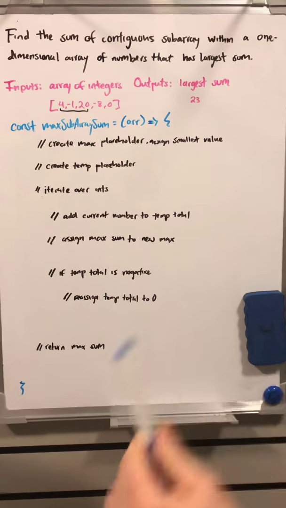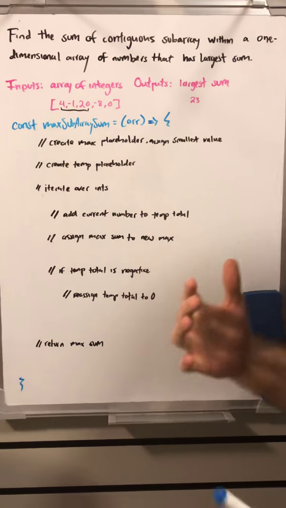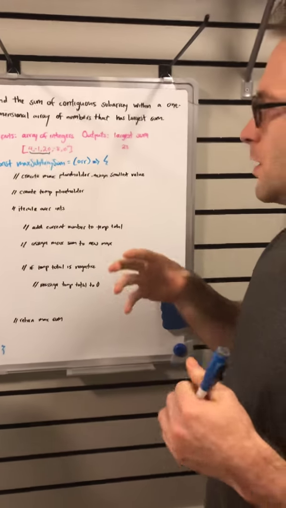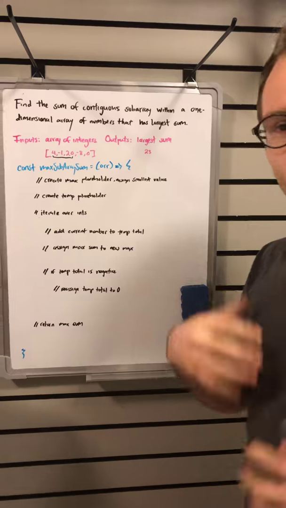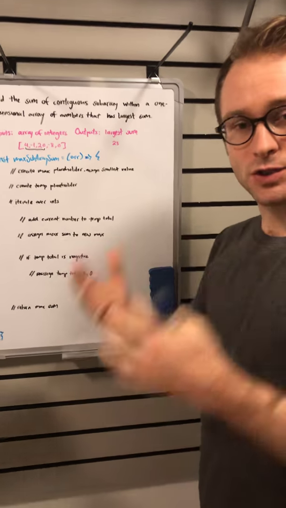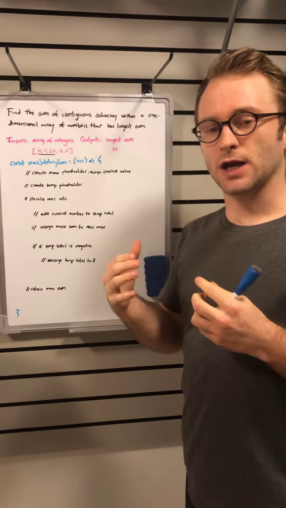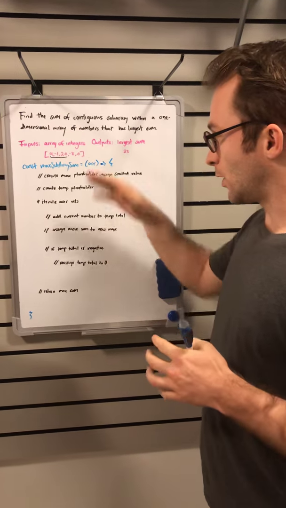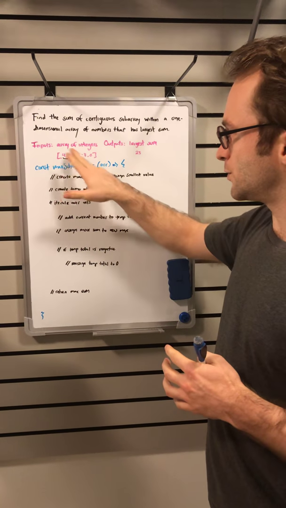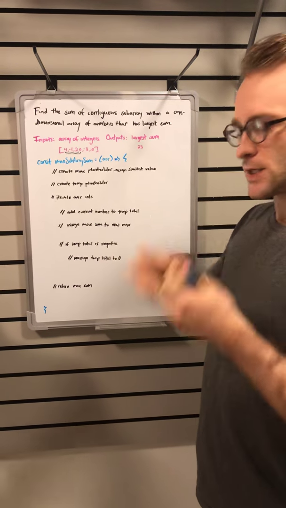So the way we're going to do this is through a bit of math. Essentially, what we want to do is iterate through this array, and store a temporary sum that we compare each time through the iteration. Within each iteration, we want to check if the current sum is less than 0.